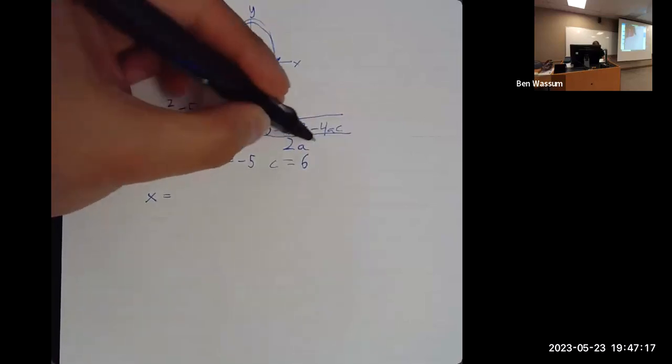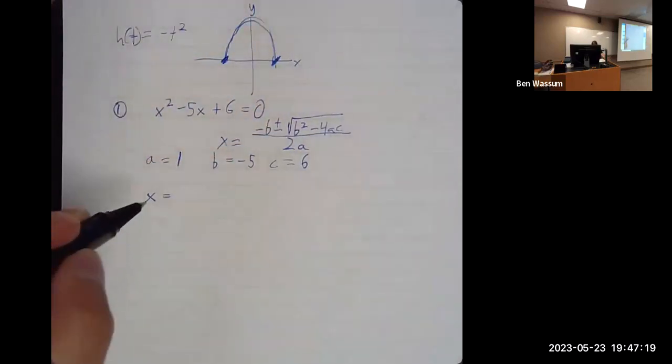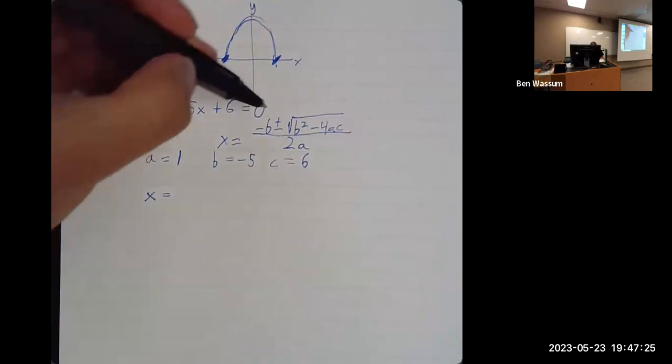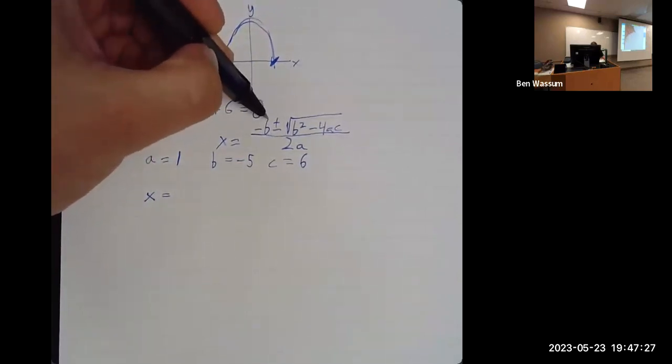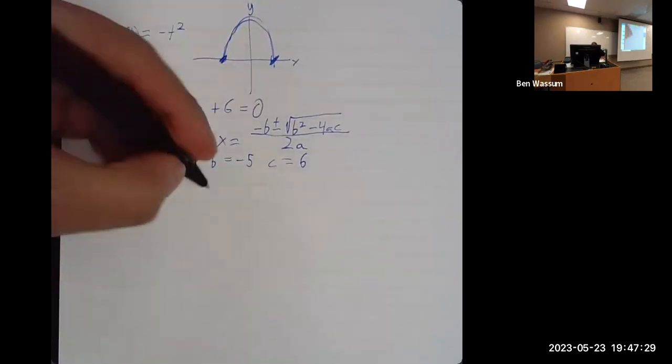Now, what I'm going to do is I'm going to go ahead and plug it in this first time with nothing but sets of parentheses. That way you can kind of see what's happening. Because as it is, I have a negative b. Well, my b is already negative.